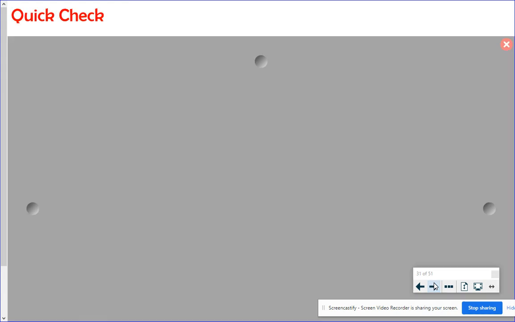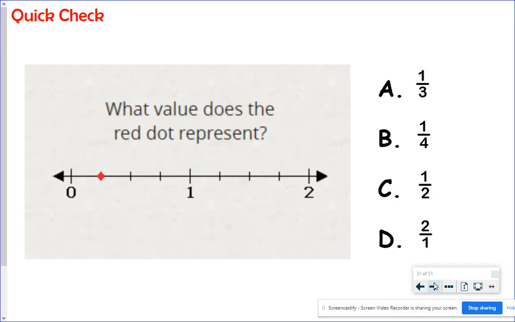All right, so substitute, if you'll pass or get a student to pass out the stickies for them to do a quick check. What they do is they give answers to this problem I'm about to show. If they get it right, they get their math practice pages. If they miss it, they need to try it again. You may need to conference with them and talk with them about that. What value does the red dot represent? In other words, what fraction is located at that red dot?